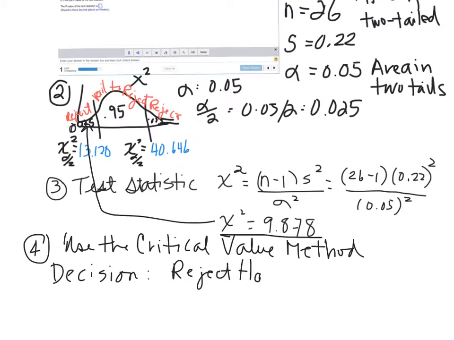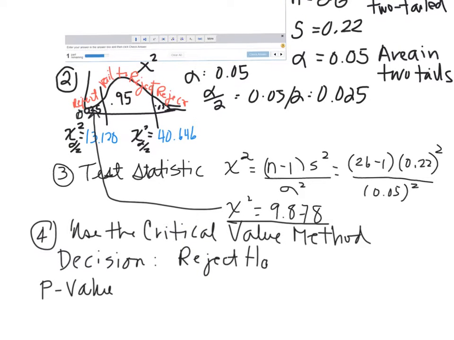Now we have another way we can make this decision, which is called the p-value method. If you look at the next page, I've included the handout with this video, you'll see that it gives you instructions from the textbook to help you figure out how to use StatCrunch.